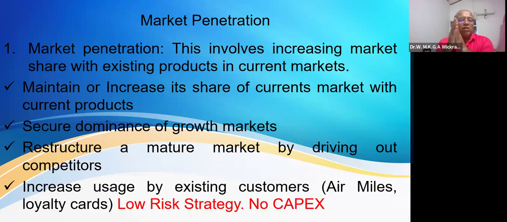You have gone first, so you have an already capitalized market. It is very difficult for a newcomer to come into the existing market, because you have to invest a huge amount of money, because other companies are already set up.